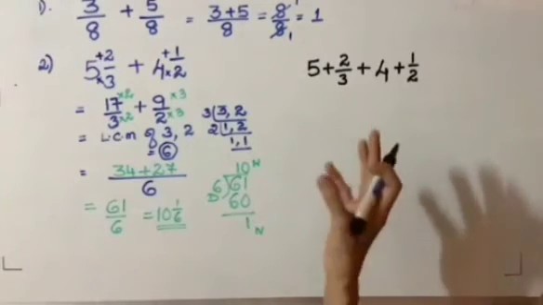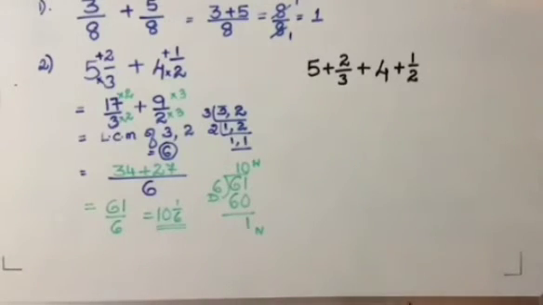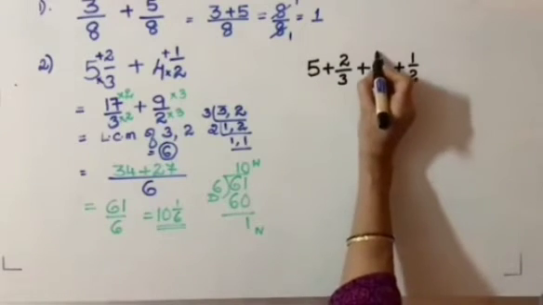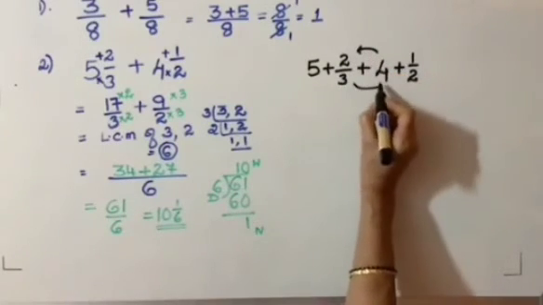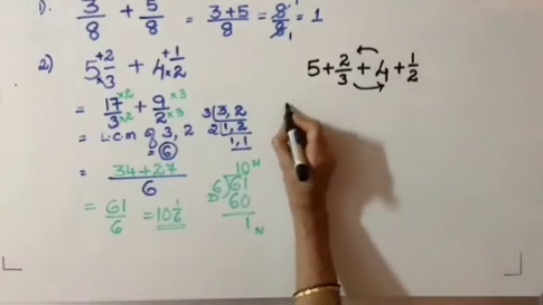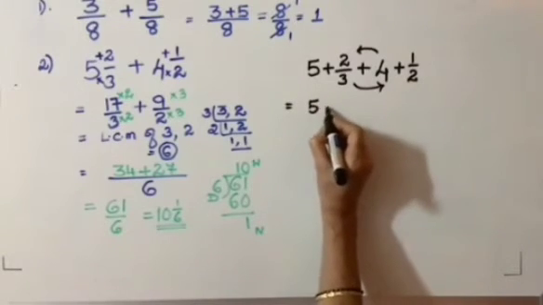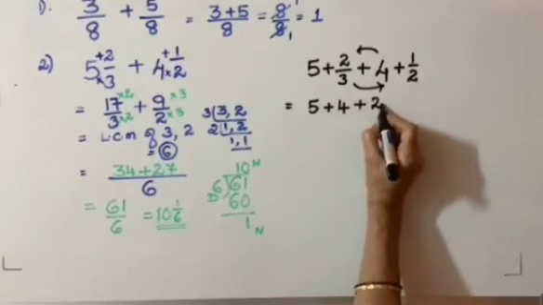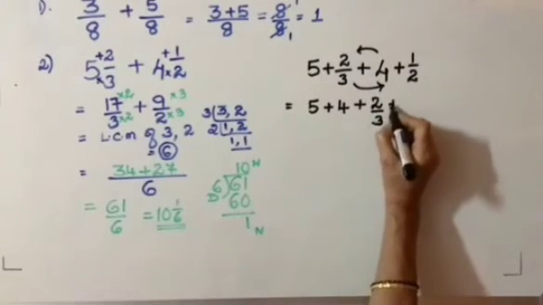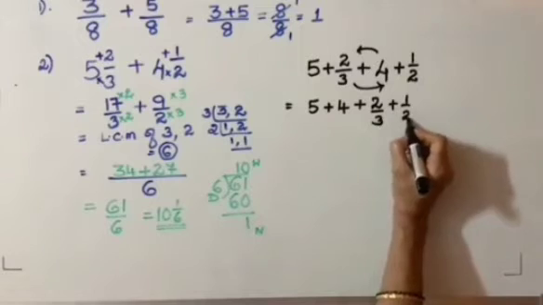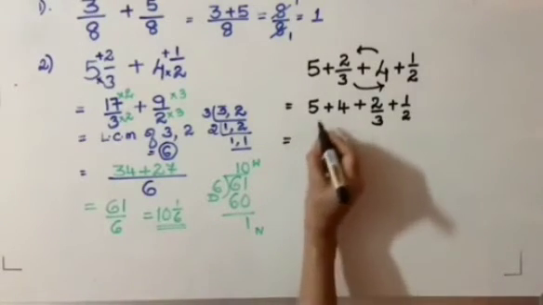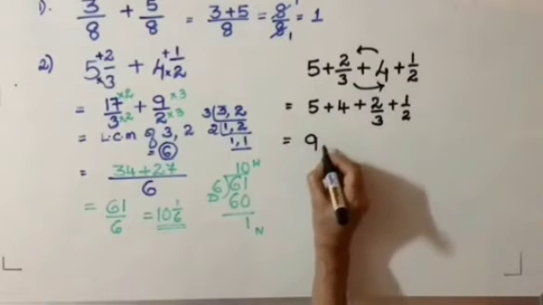I hope you all understood. Now change the order. Now you all know the commutative property of addition. Change the order. Group whole numbers, group fractions. How? 5 plus 4 plus 2 by 3 plus half. Clear? Now what do we do? 5 plus 4 is 9.